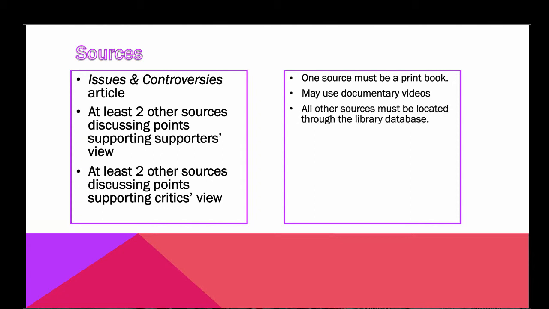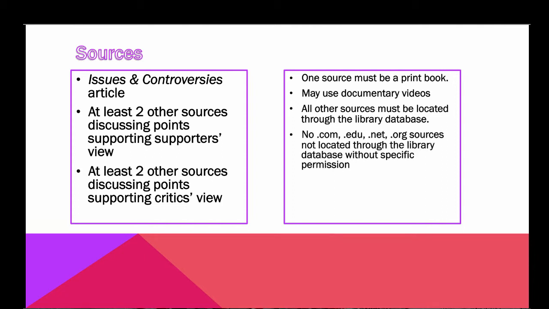Other than that, you will use the CSN library database to locate articles. All sources other than those that we have discussed must be sources that you find through the CSN library database, or documentary videos along with .gov and StatsAbs, as we will discuss in just a few moments.